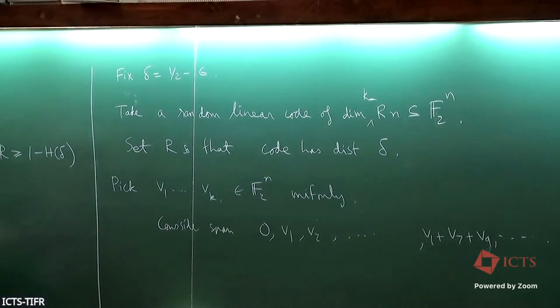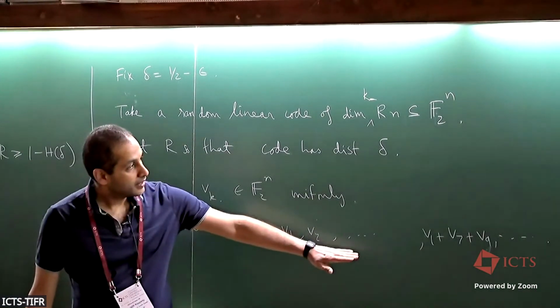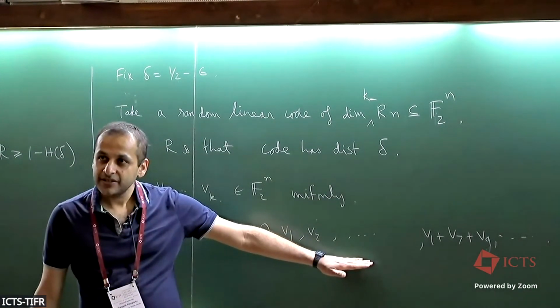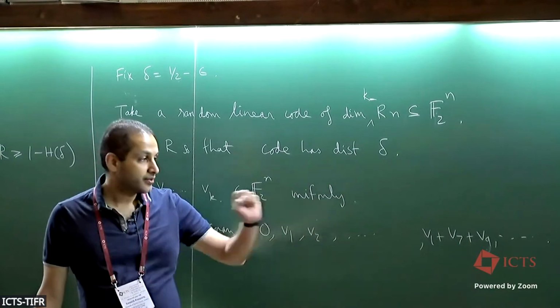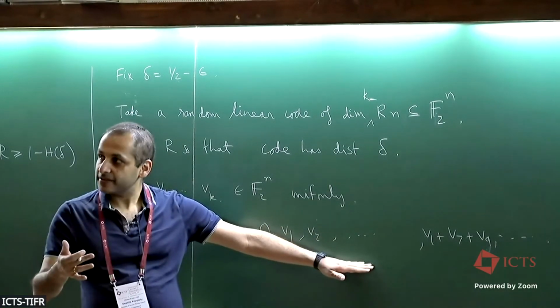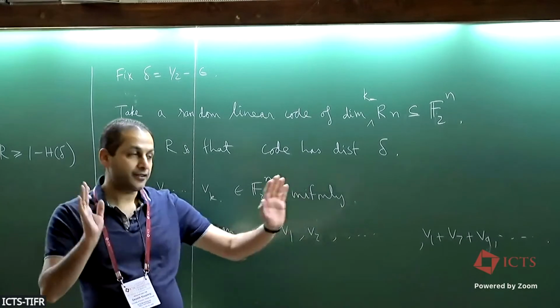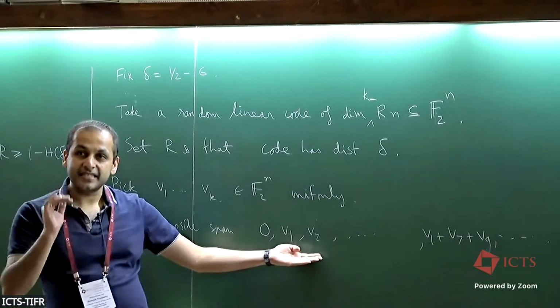And I'm interested in the event that I want all these strings to have the number of ones being at least delta. That's what the event of this code having distance at least delta is.